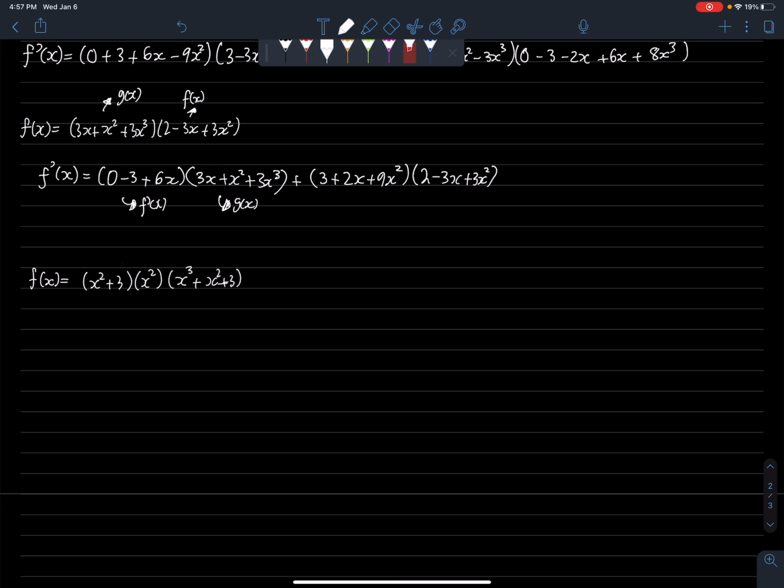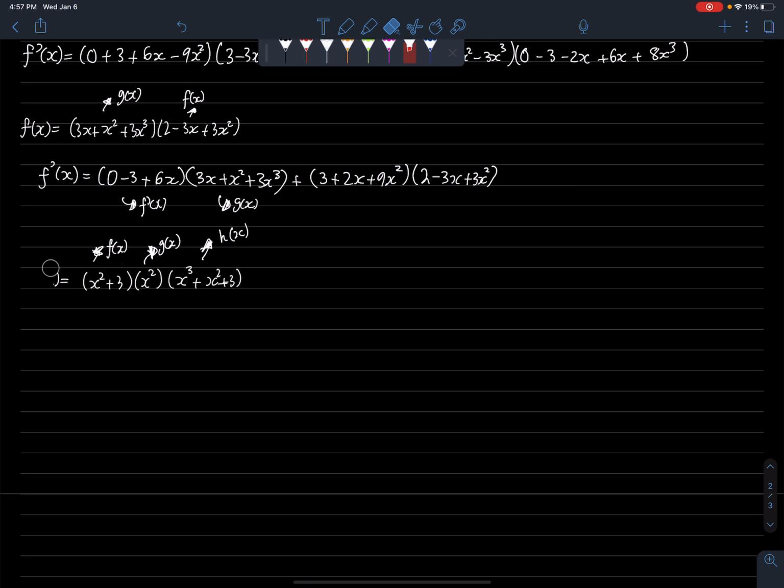But I'm going to not, to show you how to apply the product rule if it's a function of 3 or more, if you know what I mean. So if you have this here, you're applying product rule 3 times basically, right? So let me write, actually, let's say this is f of x, this is g of x, this is h of x.